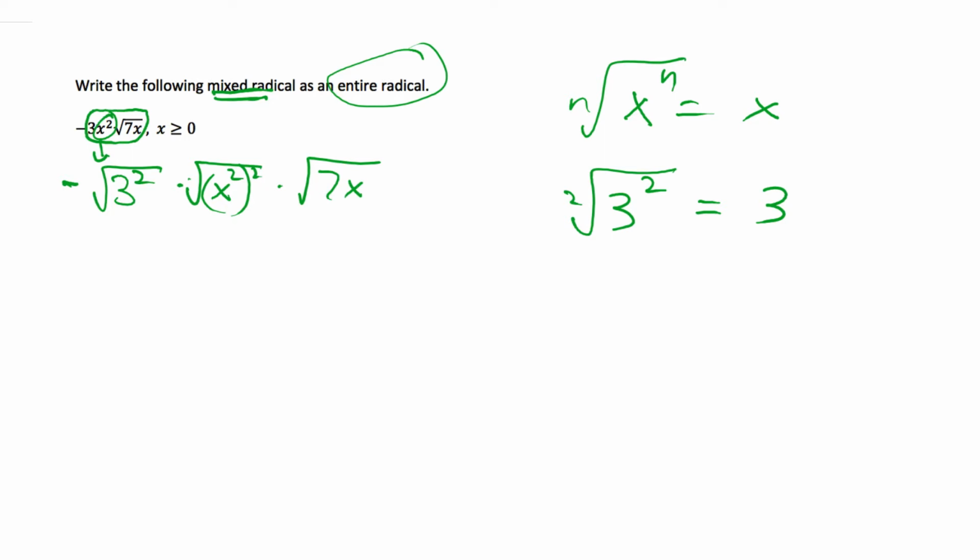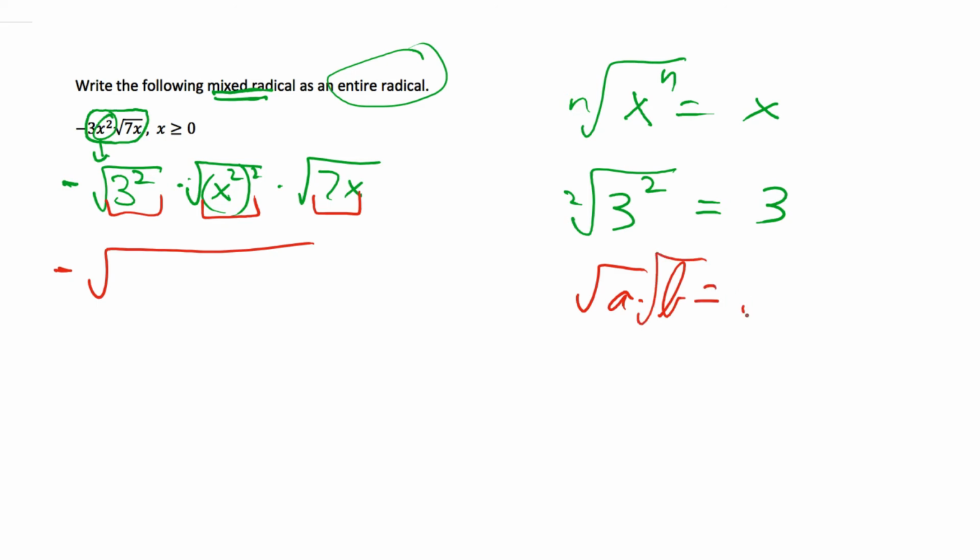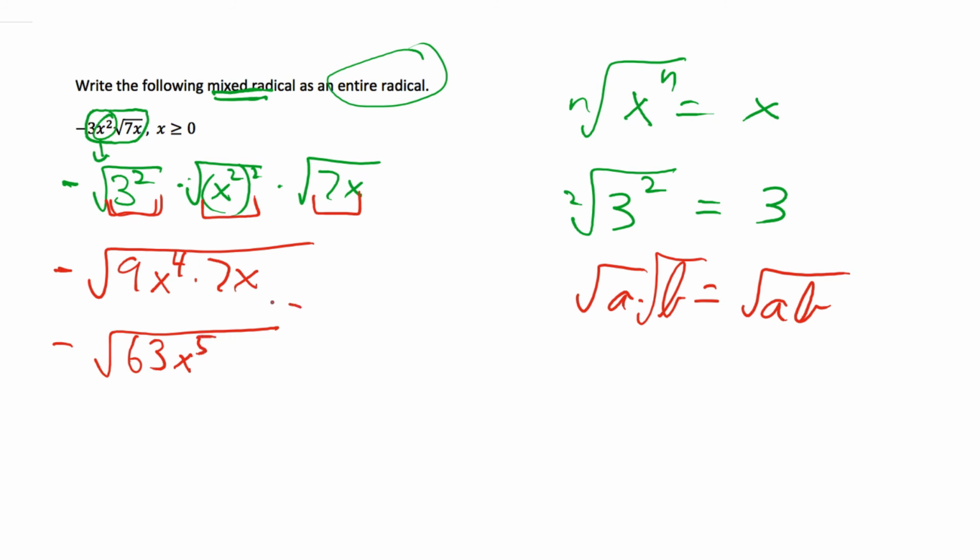All right, so I have now returned everything to being under a square root sign, which means my negative just hangs out. I can combine these 3 parts in one radicand using my multiplication property. We have the same index, square roots, so we can multiply the radicands. So we have 9 times x to the 4th times 7x, which reduces to 63x to the 5th, and the negative of that.